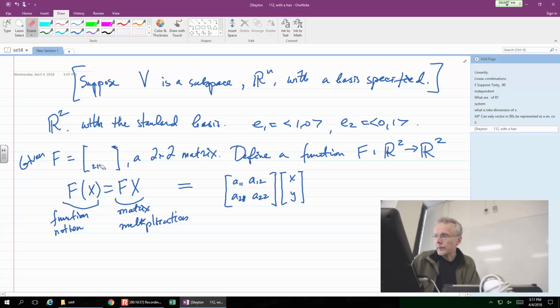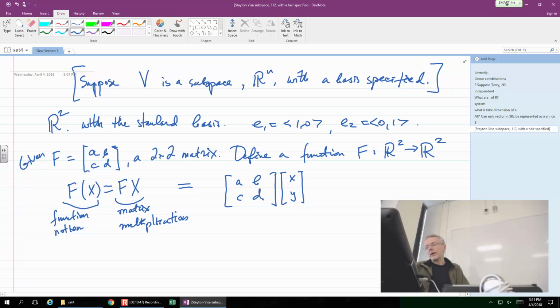Rather than dealing with indices, we'll have to deal with indices sooner or later, but let's say a, b, c, d. Just keep it simple. So (a, b; c, d) multiplied by (x, y). We carry out this multiplication. What do we have? ax plus by, cx plus dy. Okay, that's my output vector.